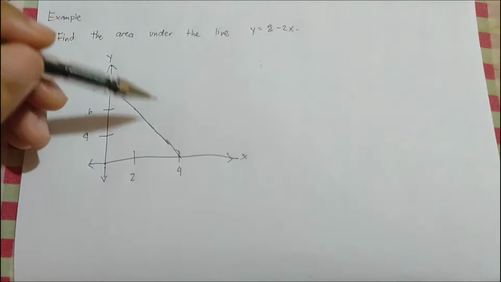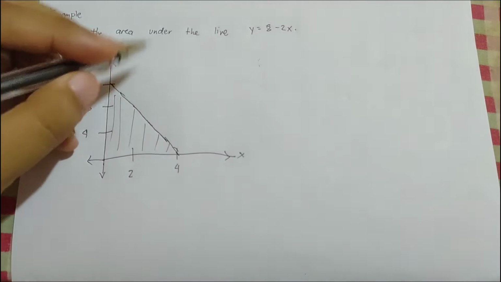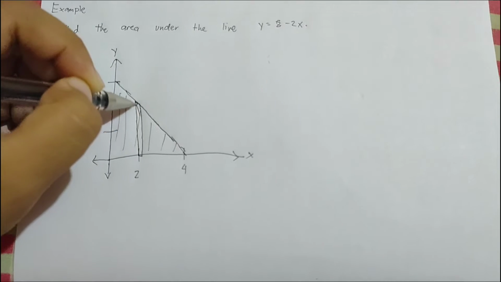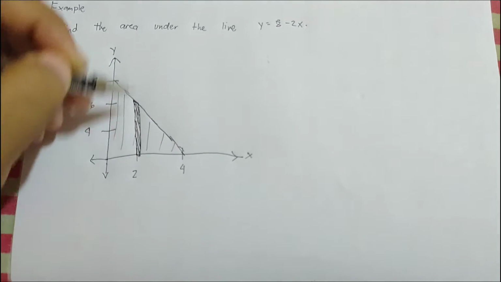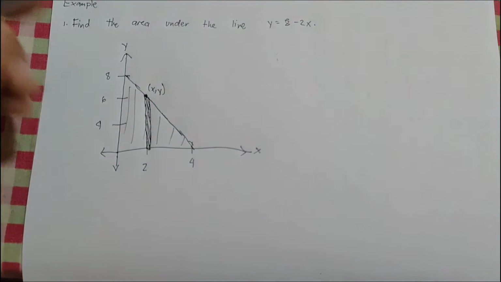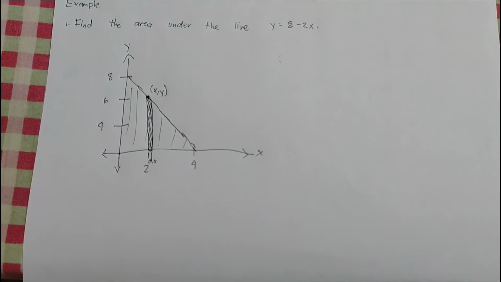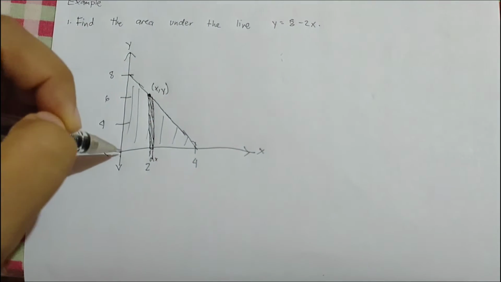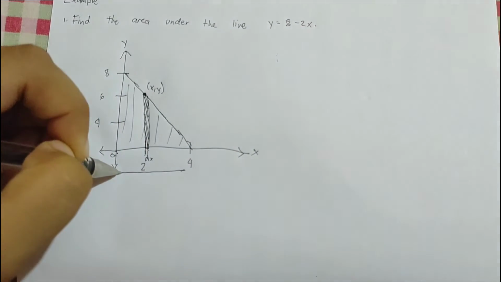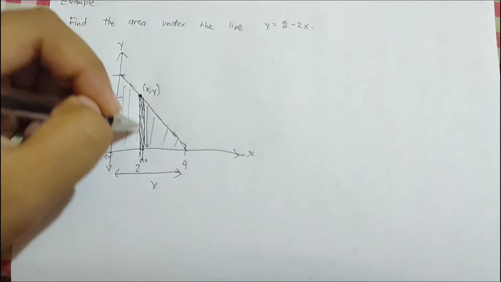So to get the area of this shaded part, this would be our vertical strip. In this point, this will be our x and y. And then this would be our dx. And then our limit is from the origin, which is 0 to 4. So this would be our x. And then the height of this strip is our y.